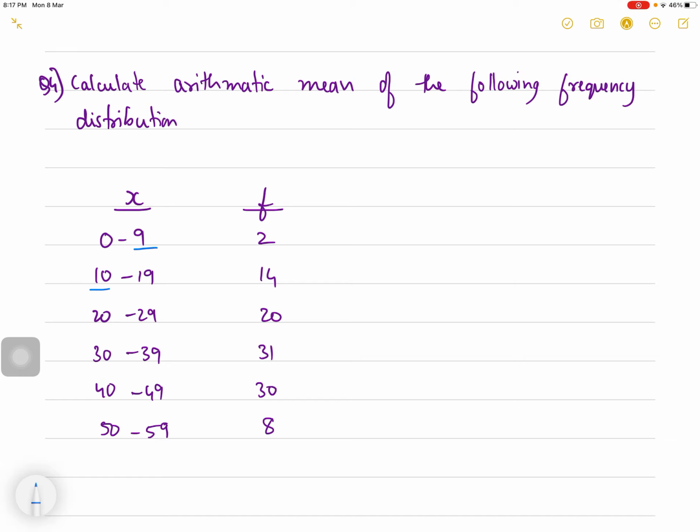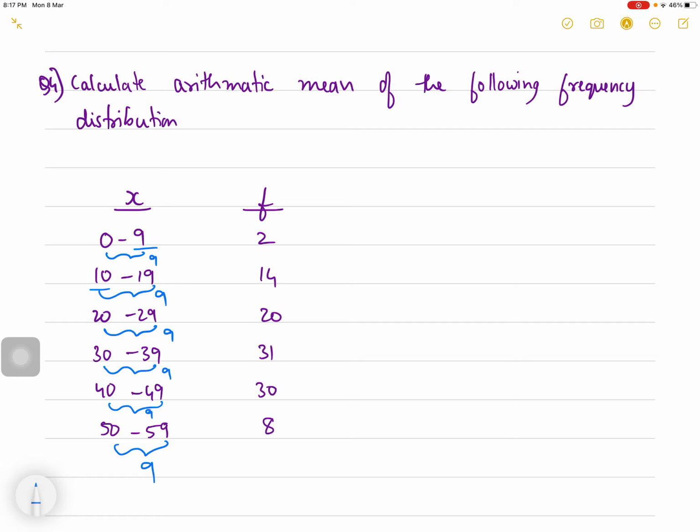So let's calculate arithmetic mean. If you see here, the difference is 9, 9, 9. Everywhere the difference is 9 only, right? So that means the width is same. So you can use step deviation method.